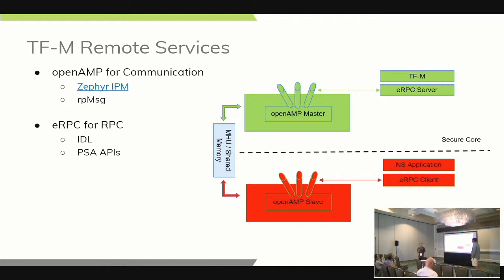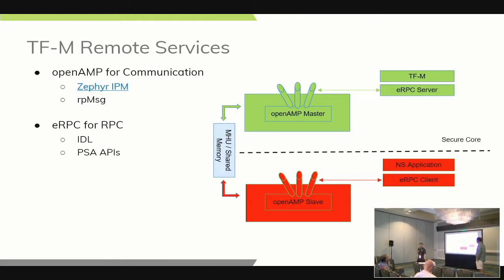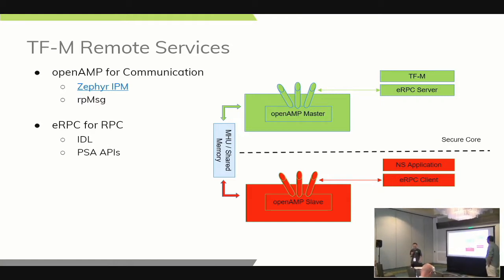The eRPC project from NXP is a choice in this solution. It has a server side and a client side separately. In this way, all functions from the remote CPU to TF-M are like calling a function locally and getting data returned. The difference will be the transfer latency from the channel.